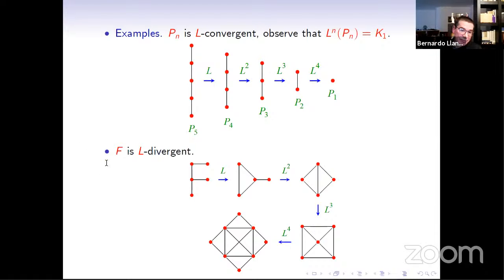You can have the F graph if you made some steps. I made here 1, 2, 4 iterations.